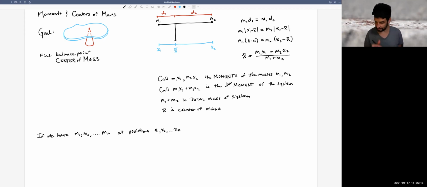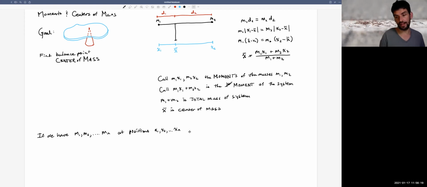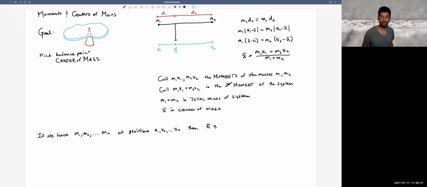So each mass is at some position. Then the center of mass, x bar of this system, we would work it out in a very similar way. It's a bit more complicated, but can be worked out in a very similar way.